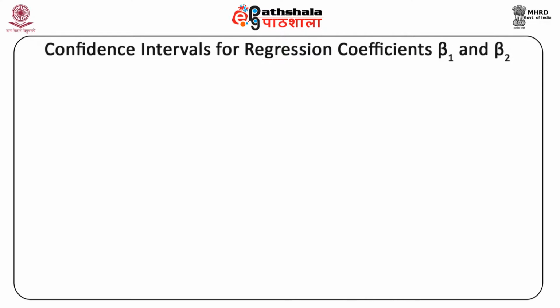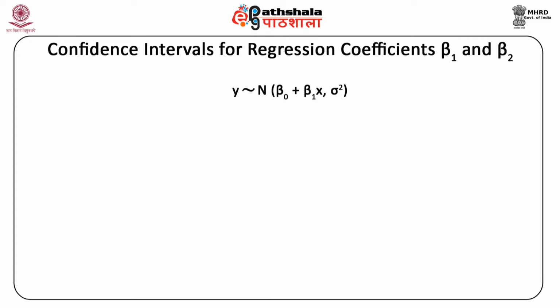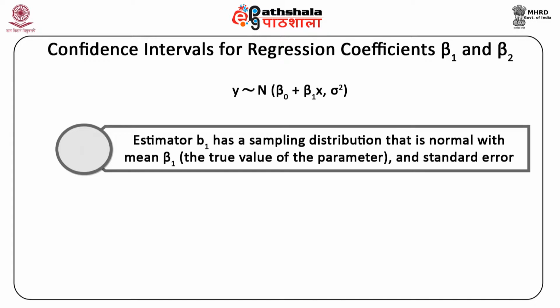Under the assumptions stated previously, namely that y is distributed normally with mean beta 0 plus beta 1 x and variance sigma squared, our estimator b1 has a sampling distribution that is normal with mean beta 1, which is the true value of the parameter, and standard error defined as sigma divided by the square root of the sum of (xi minus x bar) squared, where the summation is over 1 to n.